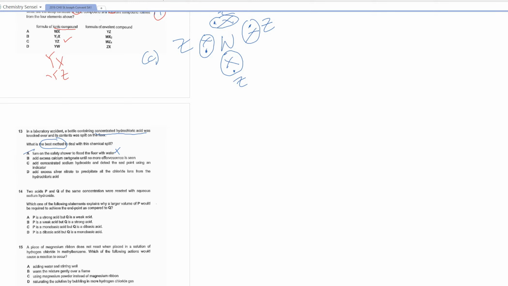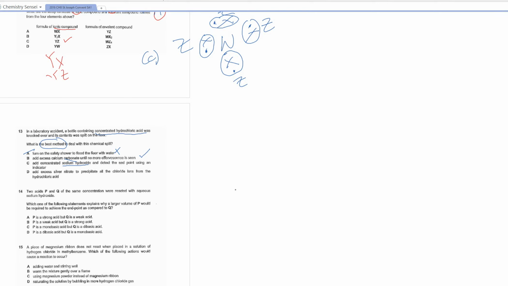Add excess calcium carbonate until no more effervescence is seen. I think this is a possible choice. Reason being, we have a visual cue. We can see when the hydrochloric acid has been fully reacted away. How about option C? Concentrated sodium hydroxide and detect the endpoint using an indicator.